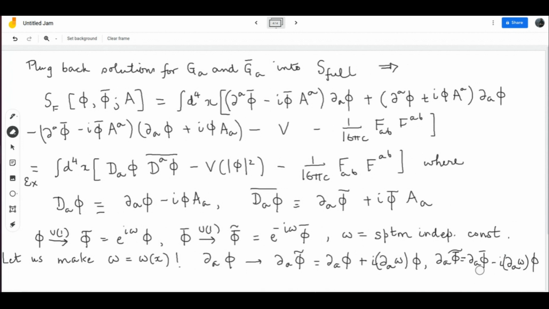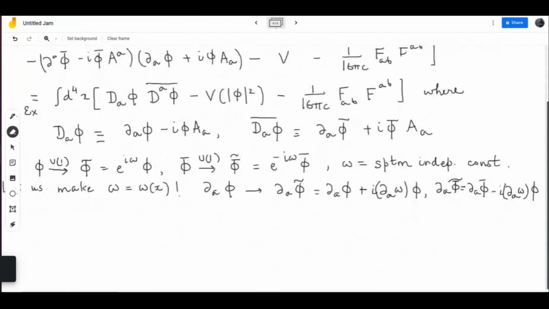The del_A omega term would mean that if you now calculate del_A phi tilde and del_A phi bar tilde, you will get the previous term, but you'll also get a term which involves omega. And omega, this function, is our choice. So we have this unsavory feature that in this case, our previous action is no longer invariant.